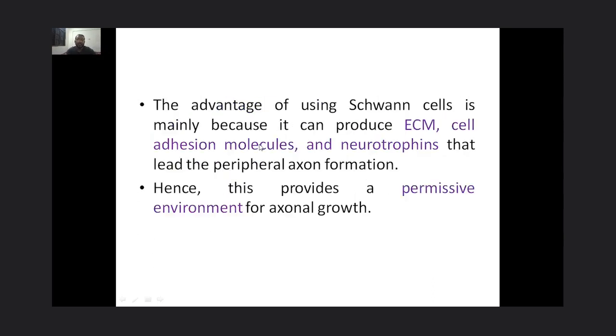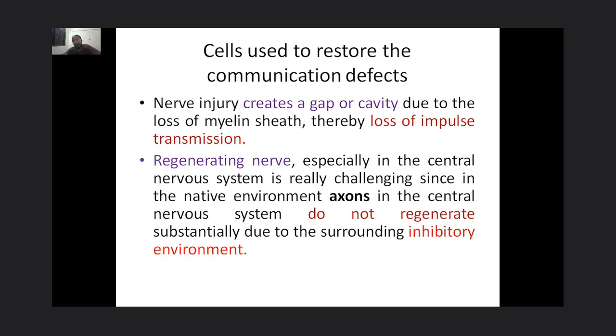You might have studied how communication happens: one nerve comes into contact with another nerve through a synaptic linkage, with dendrites, and the electric impulse is transferred from one neuron to another. That's how communication happens in the nervous system.